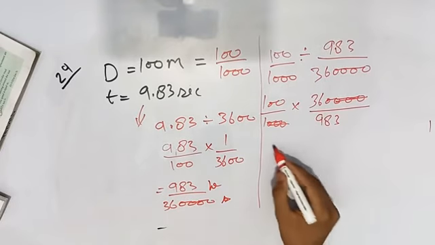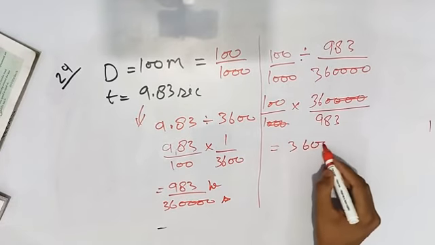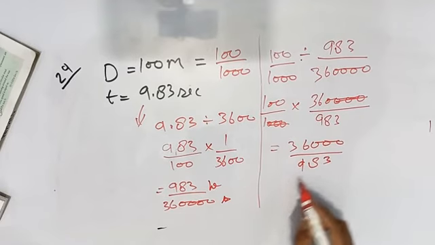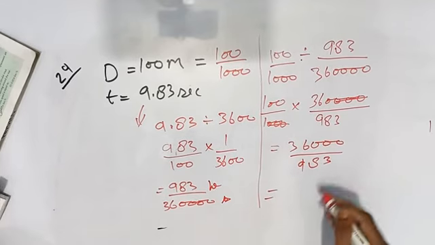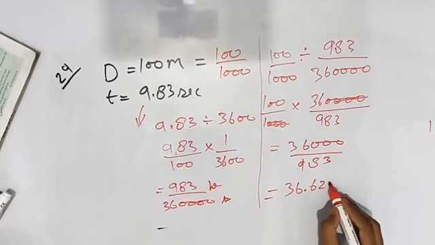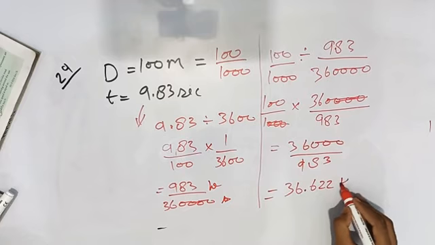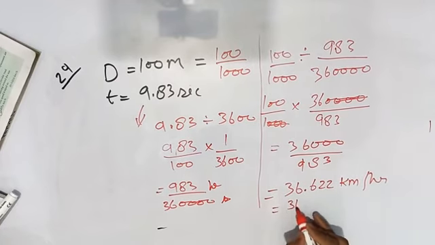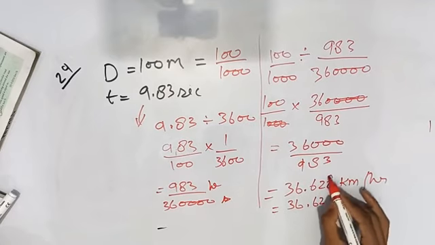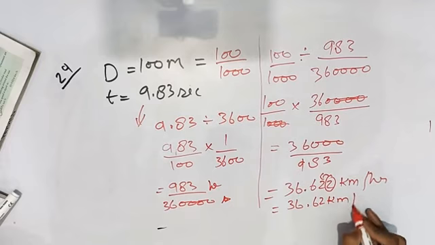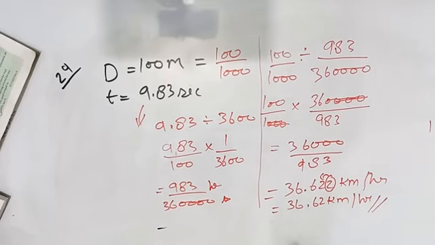Okay friends, so we get 36000 upon 983. When we divide, we get 36.622 kilometer per hour, or we can say only 36.62. If we round it off, we get 36.2 kilometer per hour. So friends, this is the answer to our question number 29.